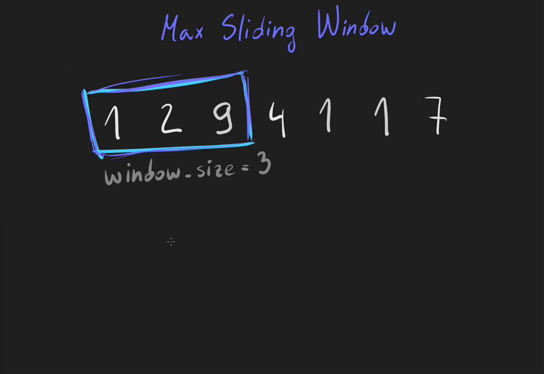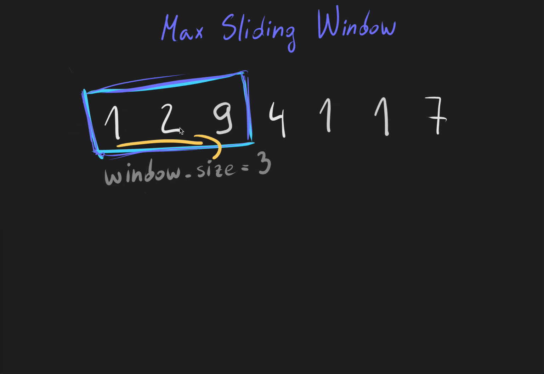One way of solving this, the brute force approach, would be to iterate through all of the windows, and when we encounter a window, we go over each number and return the max.